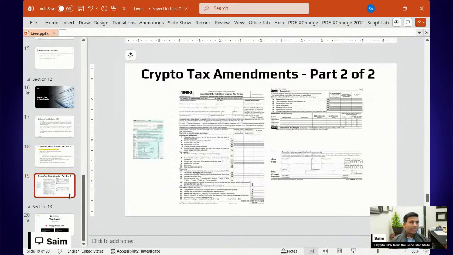Okay. This is what the crypto tax amendment form looks like. For individuals, it's the 1040X. For businesses, it's different. It's the same thing, but there is also a place where you have to provide an explanation. So once you do all your proper crypto trades on Form 8949, you've removed all the previous erroneous ones, or maybe you're adding on to it.